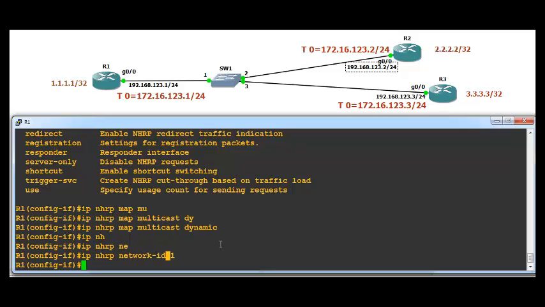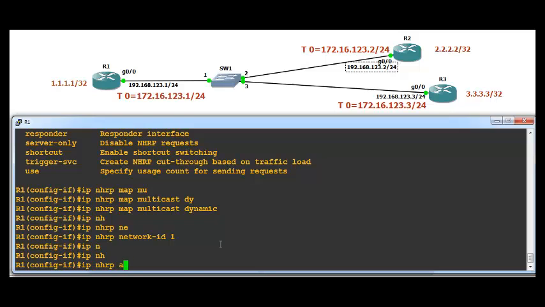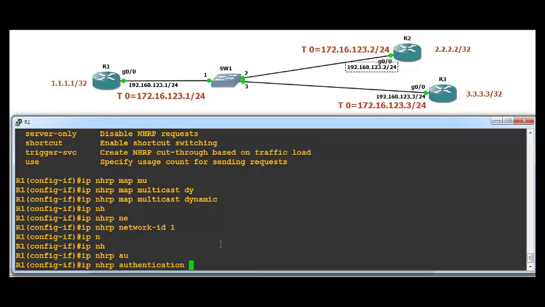Next is, optionally you can authenticate each other. IP NHRP authentication. In order to have security, I don't want to form DMVPN with anyone who wants to form with me. I want to form DMVPN only with those who have the same password.